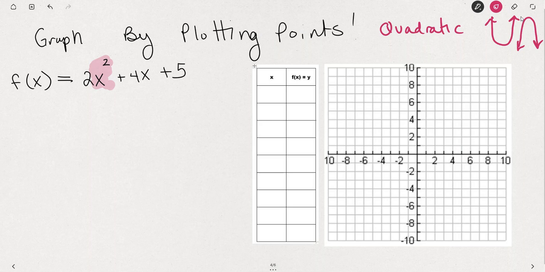I could go back to the point plotting again. The problem with point plotting is that, sure, a 0 is easy. I can replace the x with 0, and that was easy enough to get a 5. So I could plot this point 0, 5.